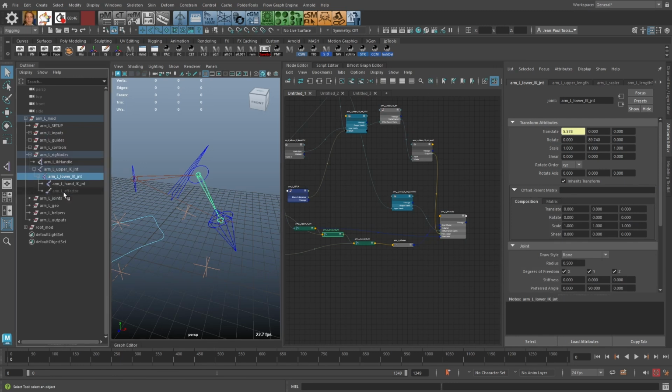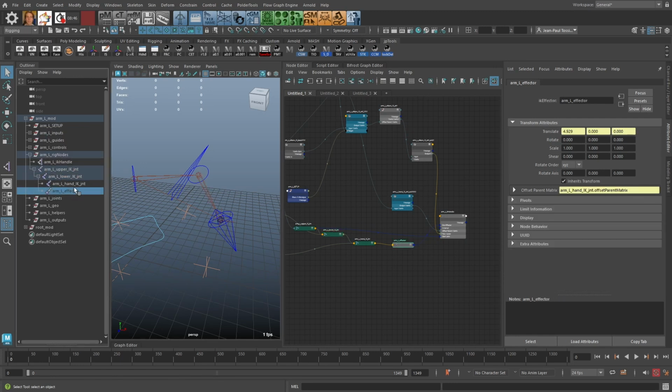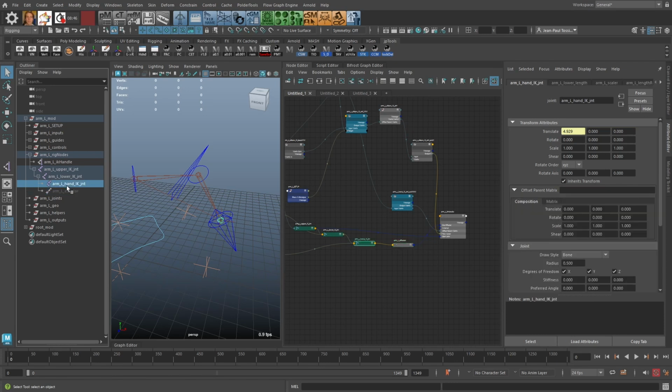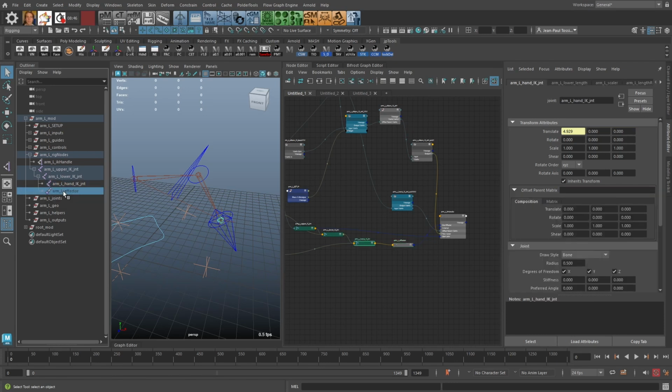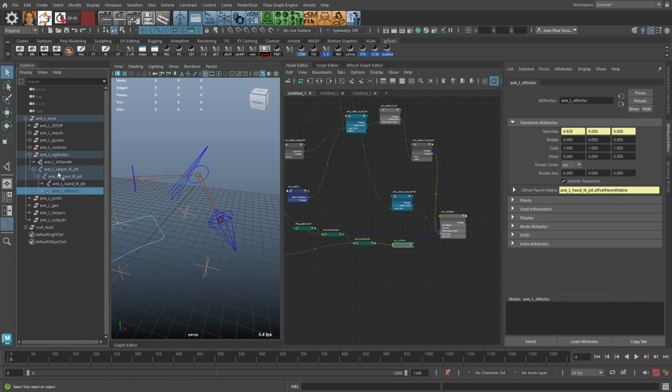The second to last joint has an end effector which has the same translation as the last joint, so it will always be in the same position as the last joint. So Maya is changing all the rotations of the joints to get them to align within the plane set with the pole vector to get the end effector to the position of the IK handle.